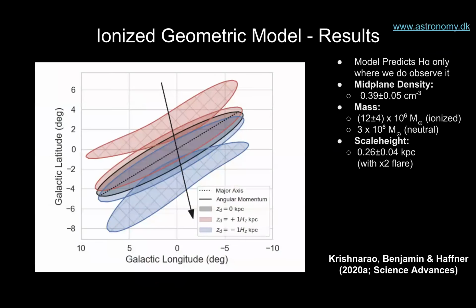Some of the other things that this model lets us do is start to estimate what kind of ionizing radiation field would be necessary to power this kind of structure and support it. So this is, again, just a rendition of what this model would look like, where the hatched stuff is the ionized gas, and the neutral gas layer doesn't flare and is just the solid colors.